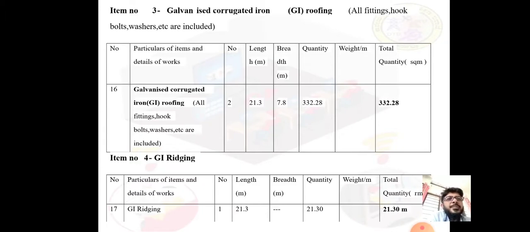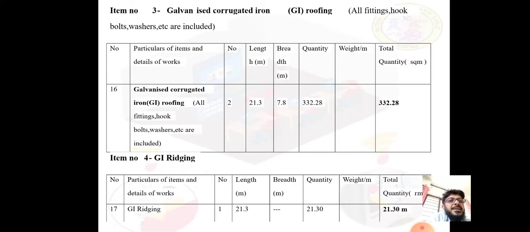Two numbers means two slopes are there, and its outward length is 21.3 meter, and its breadth is 7.8 meter. So we got a quantity of 332.28 square meter. So this item includes all its fittings.